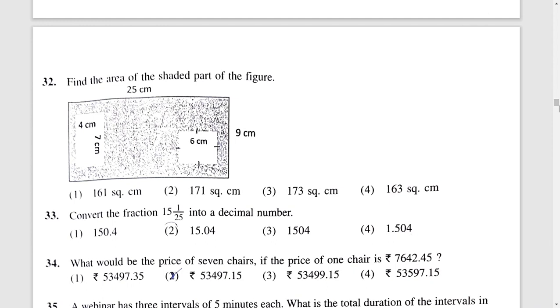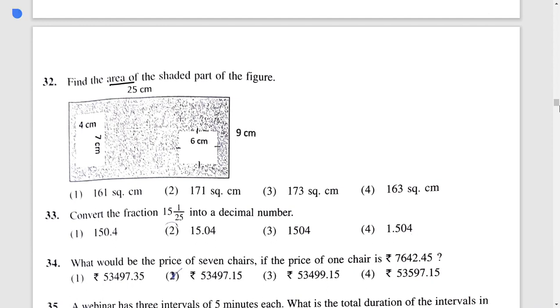Area of the rectangle is L into B. So the bigger rectangle is 25 into 9. Whenever you subtract these two blocks from the bigger rectangle, you will get the shaded part. So this rectangle area will be what?